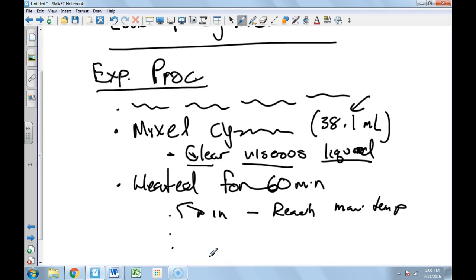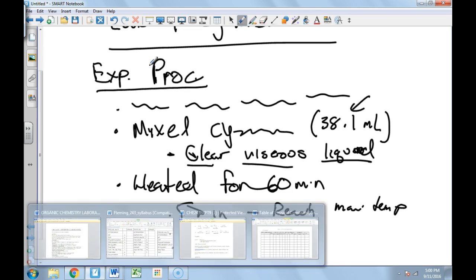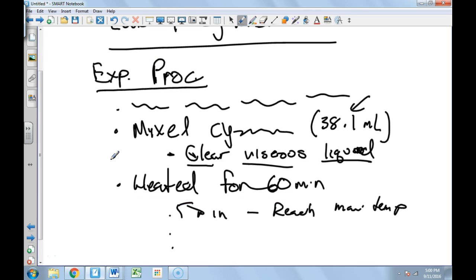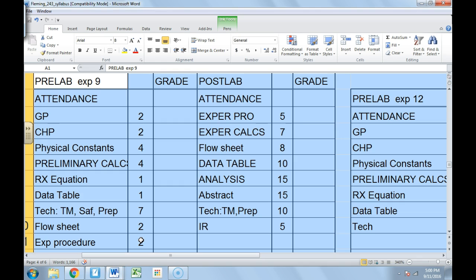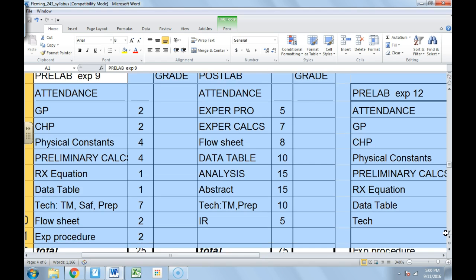So that's the difference between an experimental procedure and a general procedure, and the experimental procedure should be really well detailed. So you notice that we've gone over a lot of the pre-lab stuff at this point. Okay, so that's experimental procedure, and so have a great time.